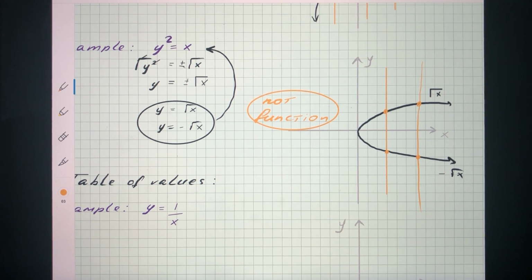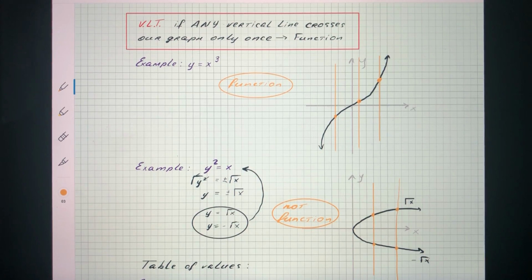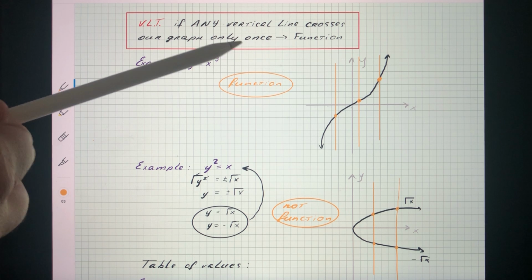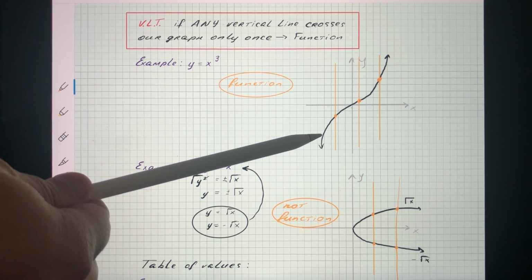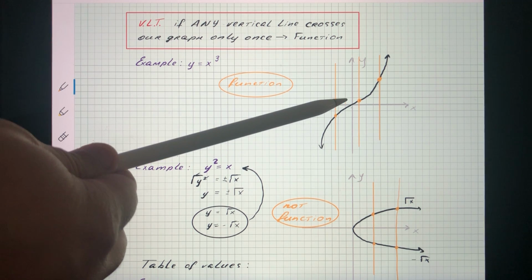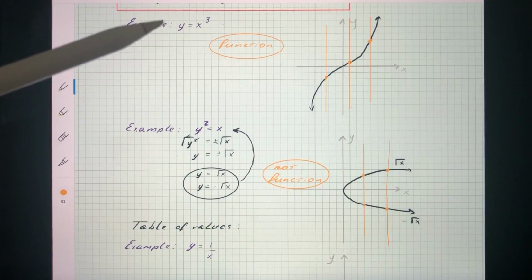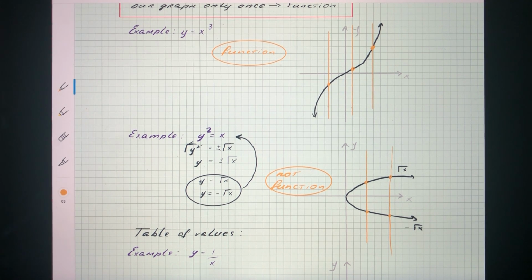Now we can also say the vertical line test a little bit differently. Here we have used the picture to decide if the graph represents a function. We could also do it without the picture, because what is the difference between this diagram and this diagram? The difference is that in the case where we have a function, we have one x value.